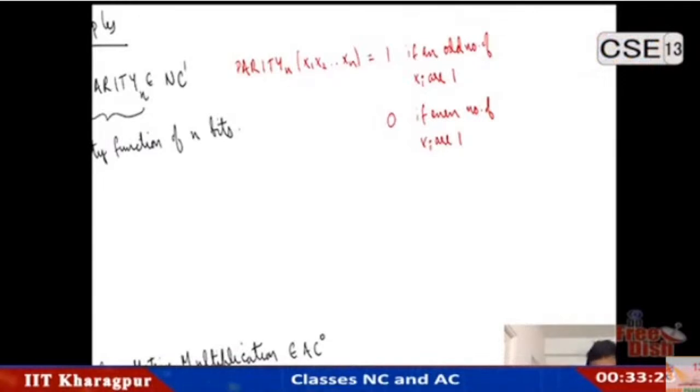Okay, so that is parity, and this is in NC1, which means we are allowed log n to the 1 depth. So let us see why that is. Notice that we could make a parity gate, and we denote it like this. This takes two inputs, let's say x and y, and outputs 1 if exactly one of them is 1 and 0 otherwise, right?